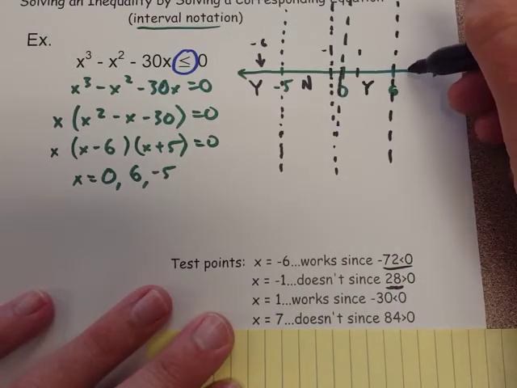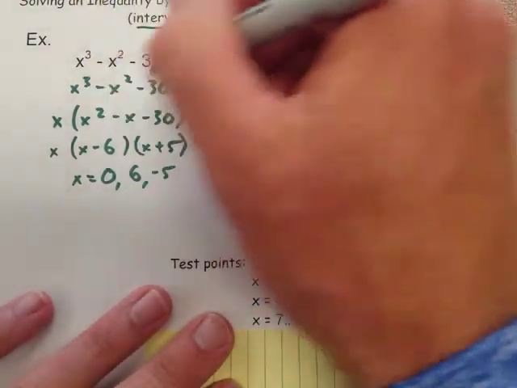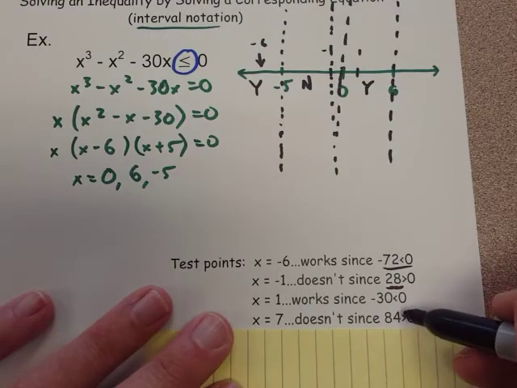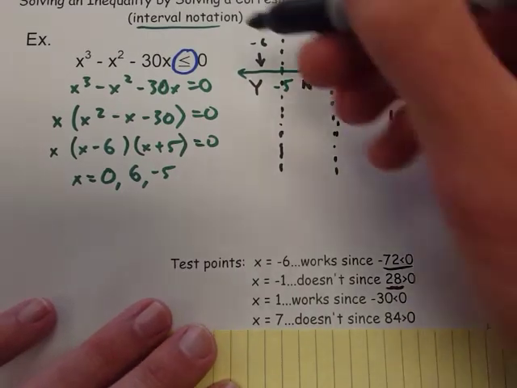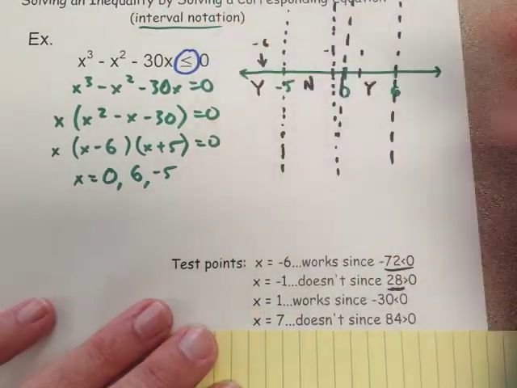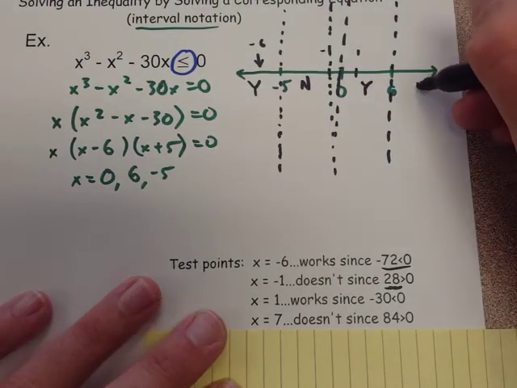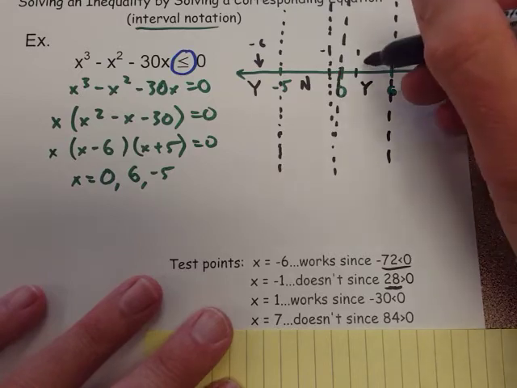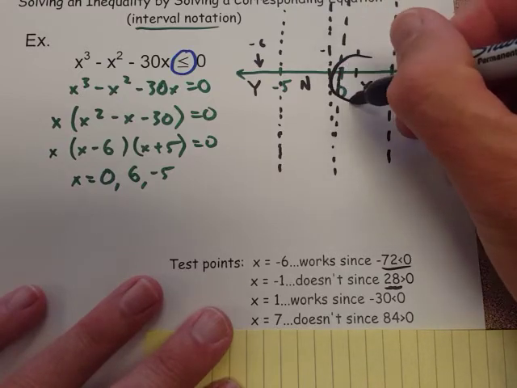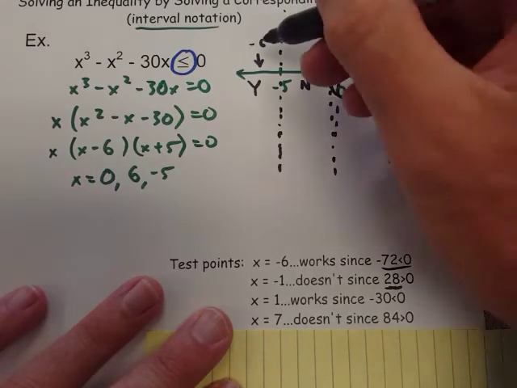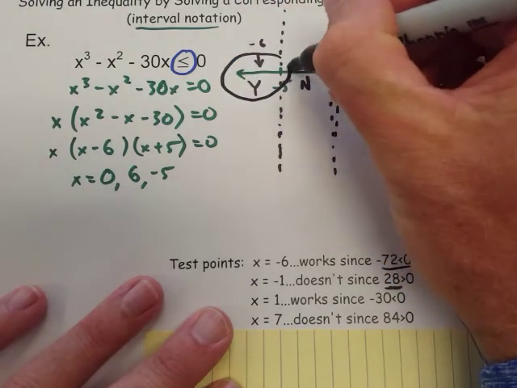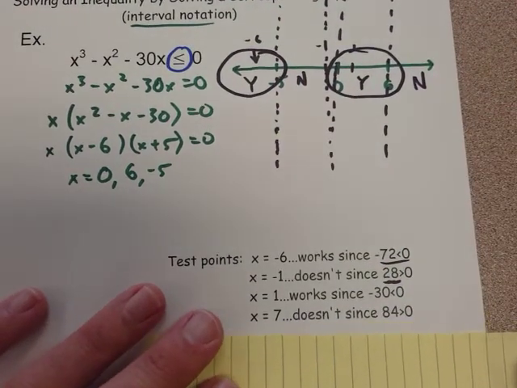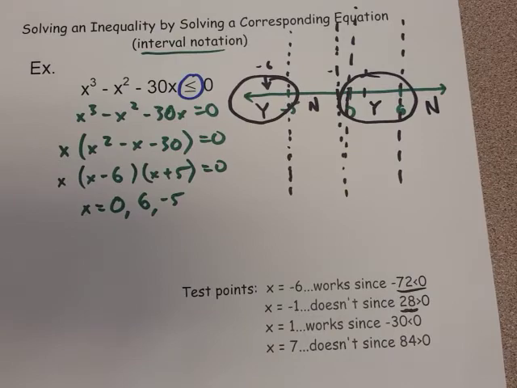If I choose 7 over here, I plug it in, I get 84, which is not less than or equal to 0, and so that interval doesn't work. And the intervals that I'm looking for now are going to be the yeses. So I've got this interval and this interval of things that actually work in this problem. And those are the ones that I want to report in my final answer.